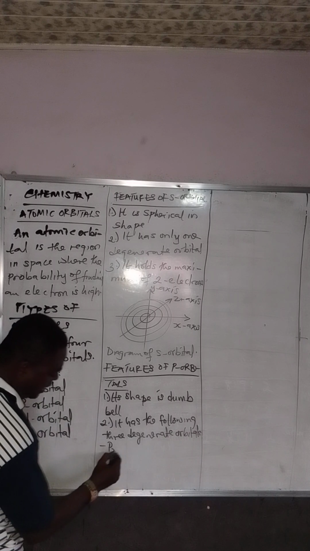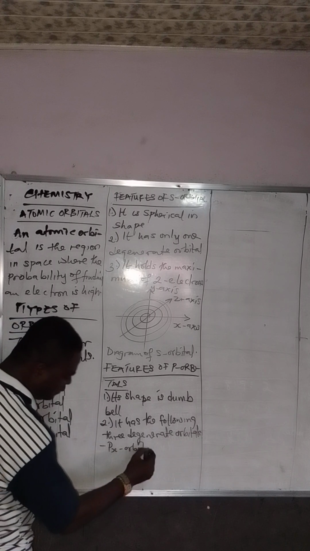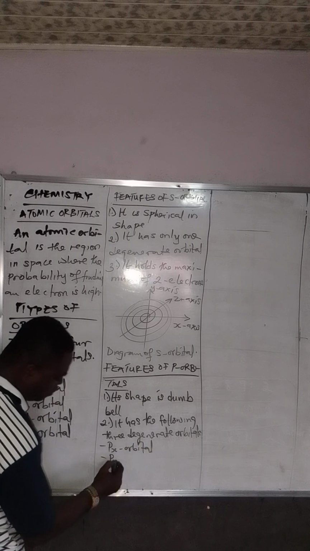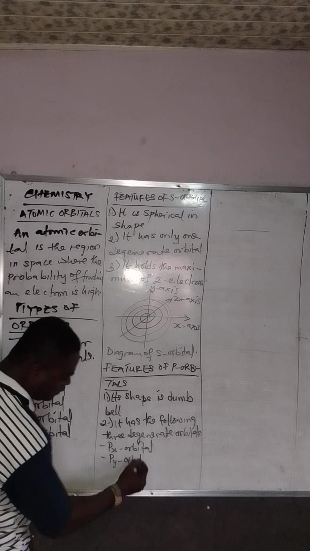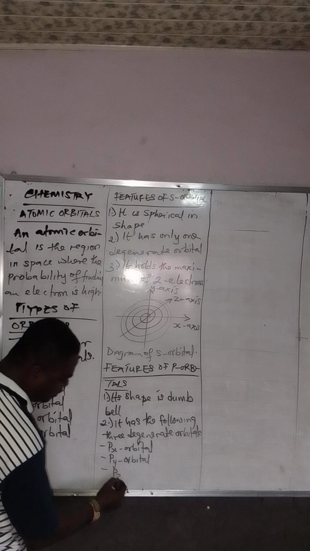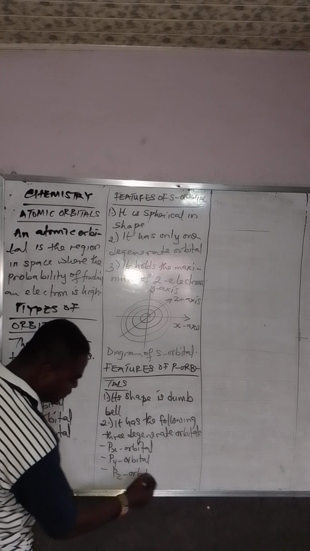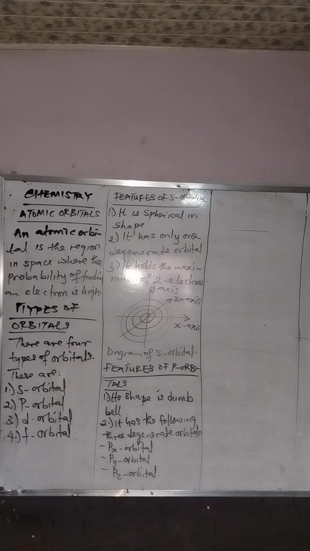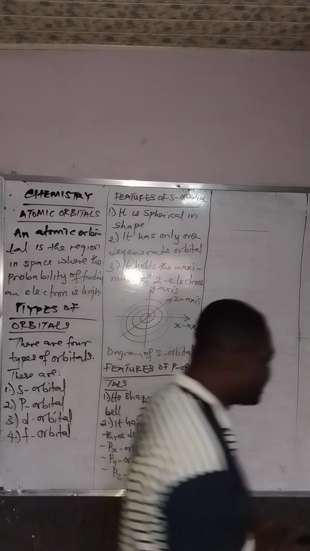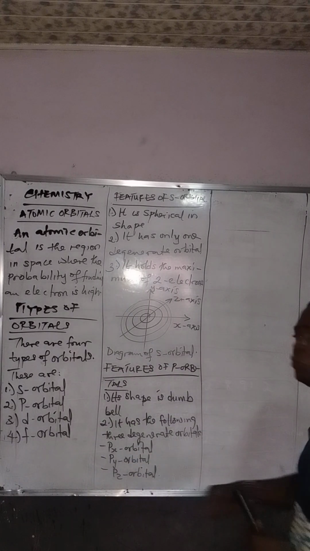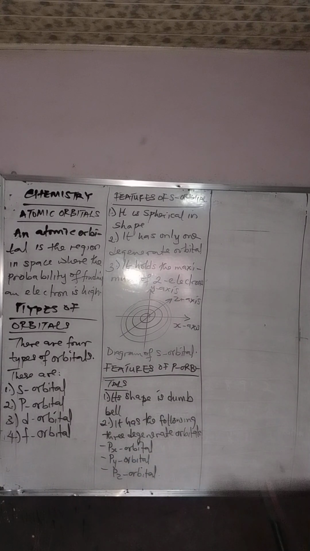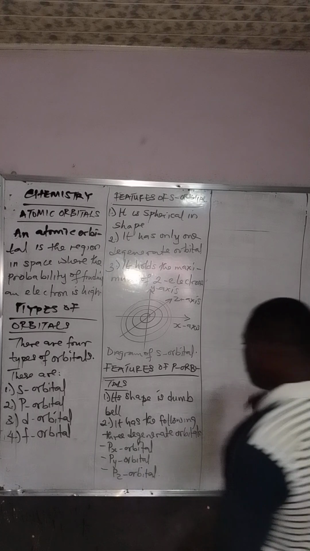We have px orbital, py orbital, and pz orbital. Just like somebody that rents an apartment and divides the room into 3 other spaces, each of those 3 spaces is called a degenerate orbital.